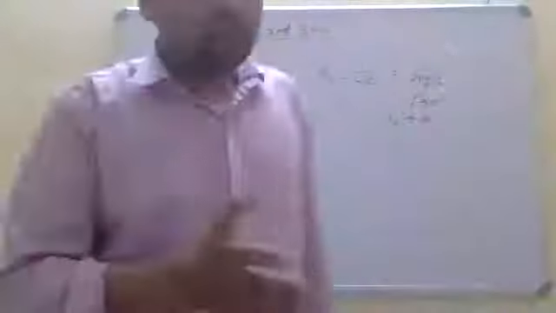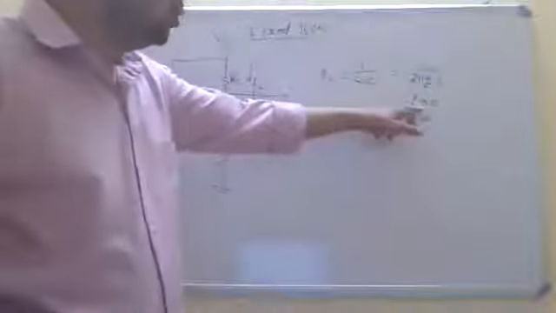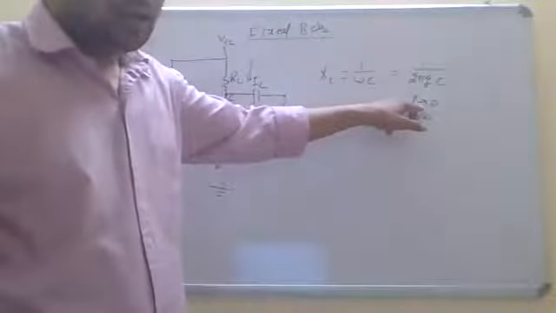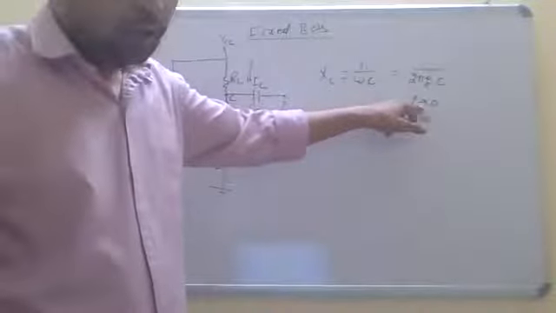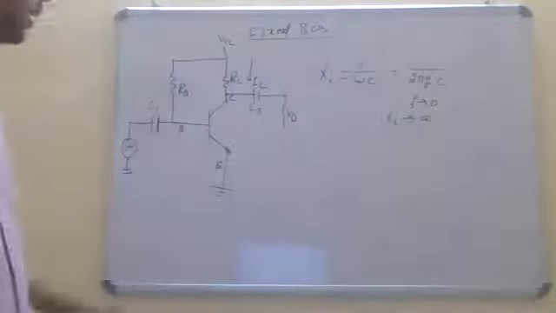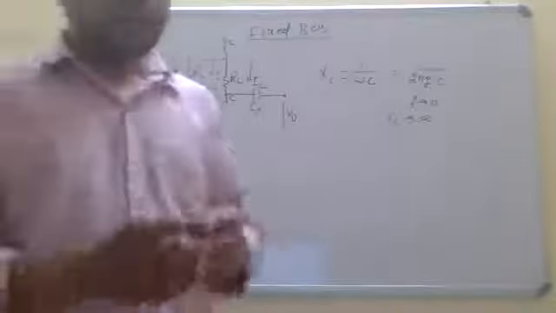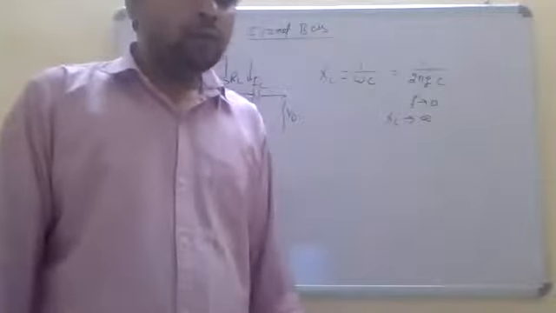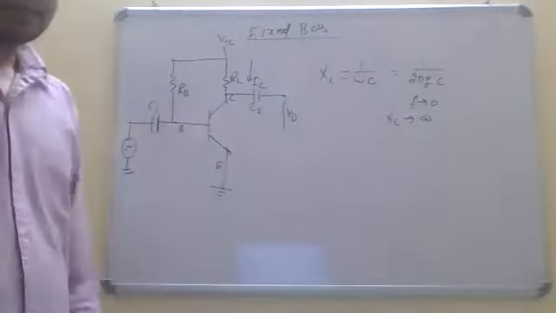If the frequency approaches 0 because it is DC biasing, the impedance goes to infinity. Infinite means it is open. But we have to make it closed here. So what do we have to do here?